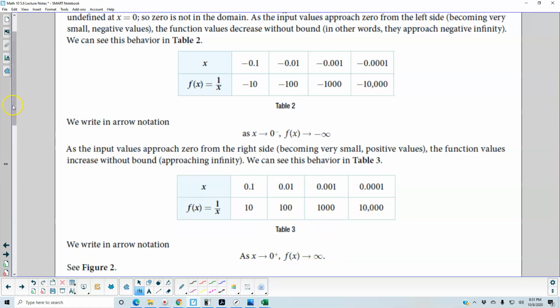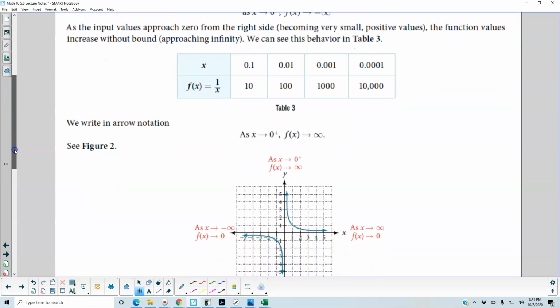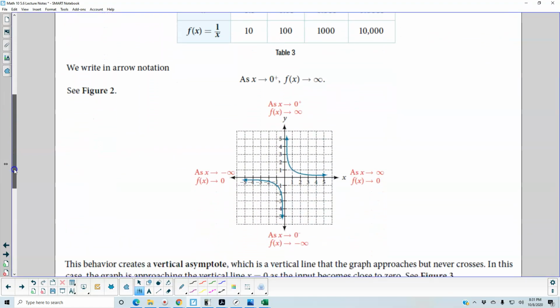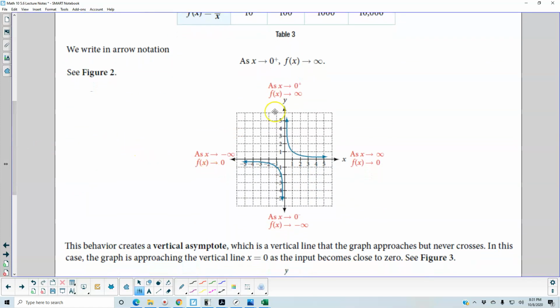Now let's take a look at what this looks like in a graphical sense. Okay, so let's take a look at the figure here. You can see here that each particular situation has arrow notation. Now this behavior creates a vertical asymptote, which is a vertical line that the graph approaches but never crosses.